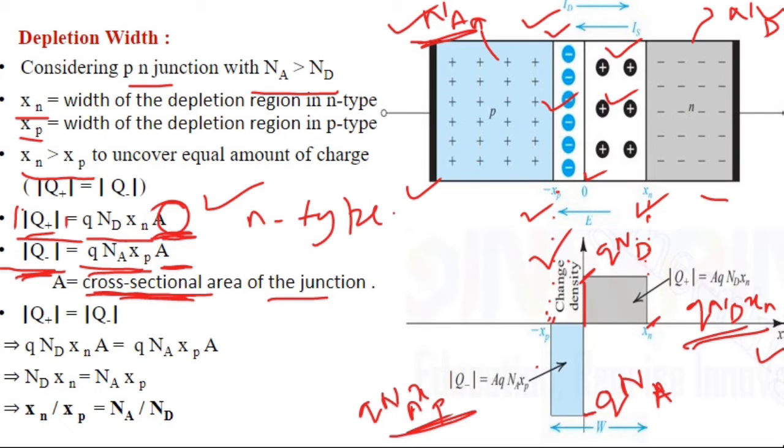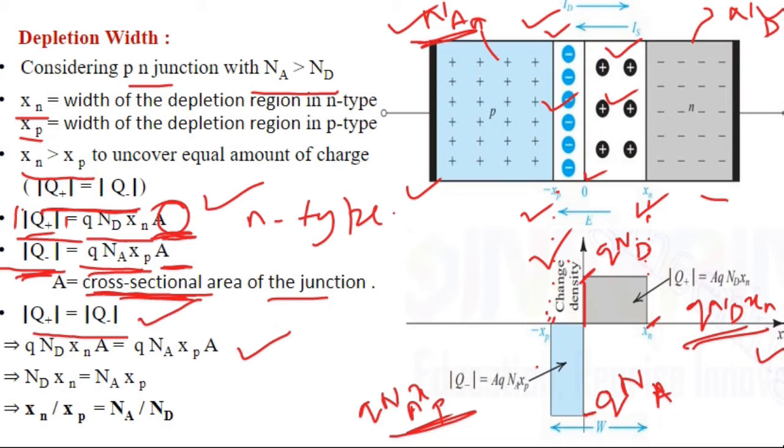So we know that to uncover equal amounts of charge, we are taking Xn greater than Xp. So here Q plus should be equal to Q minus. The magnitude of both the charges will be equal. So here you can see Q times Nd Xn A will be equal to Q times Na Xp A. It is quite simple.